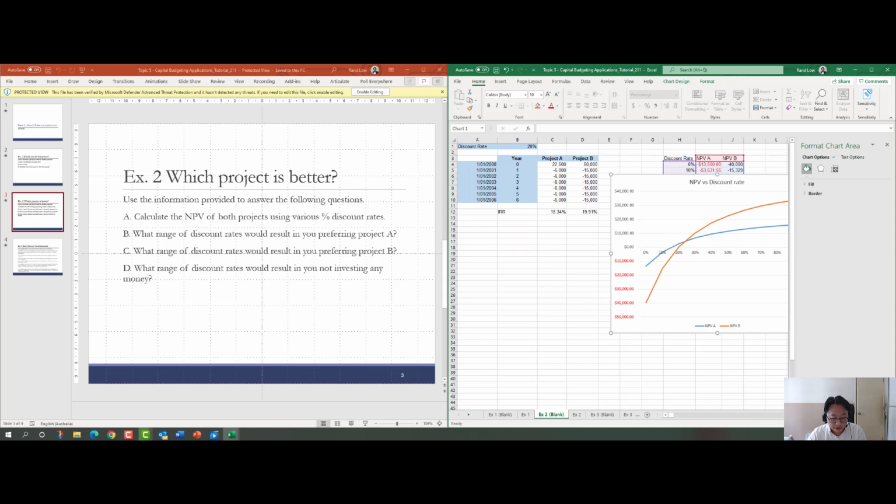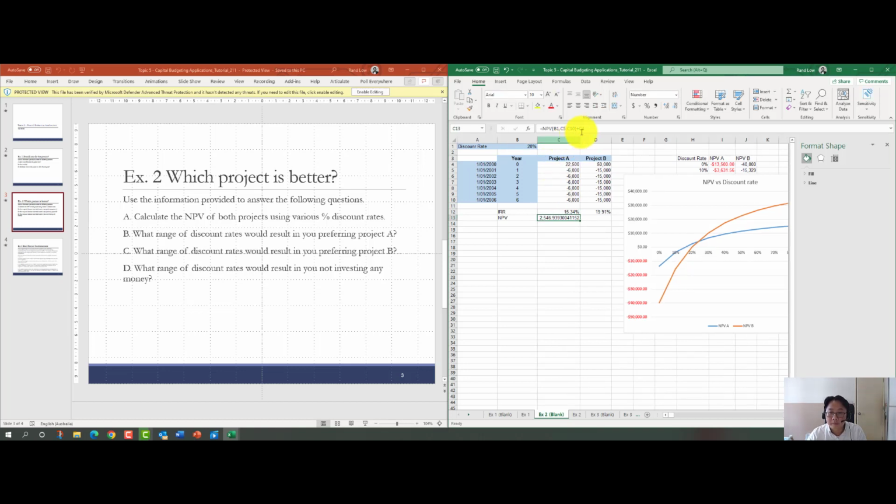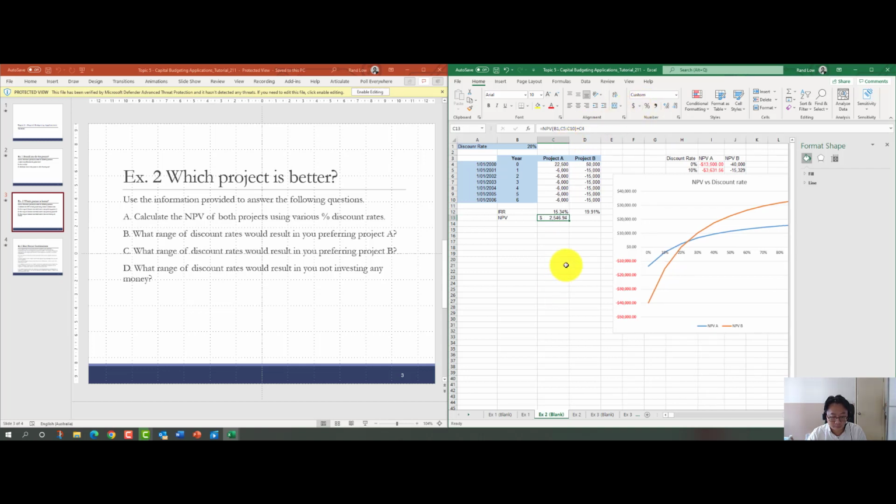Okay. So what happens over here? You can actually work out what the NPV is of these projects as well, at a discount rate of 20%. Okay, so equals NPV of the rate of that, and we have all these different cash flows.